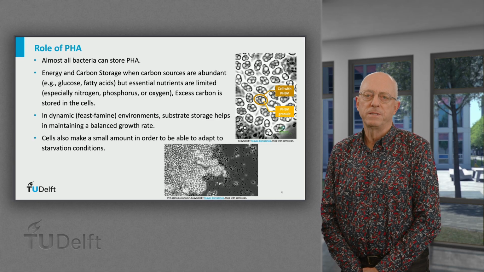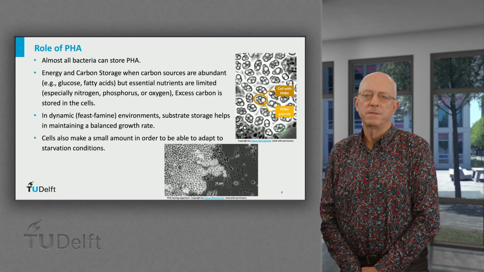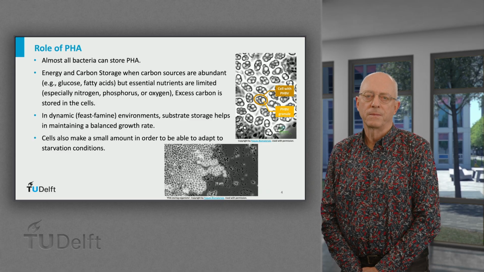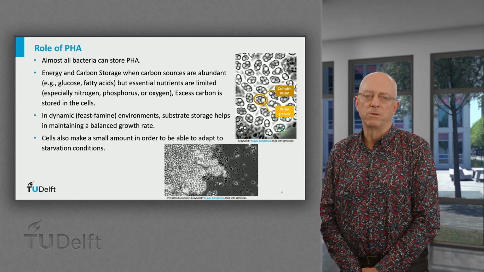In dynamic environments, like wastewater treatment systems, this storage capability is also crucial, even though all nutrients are available. During the so-called feast phase, when organic substrate is available, bacteria rapidly take it up and store it as PHA. Then in the famine phase, when external carbon is depleted, they use the stored PHA for growth and maintenance.